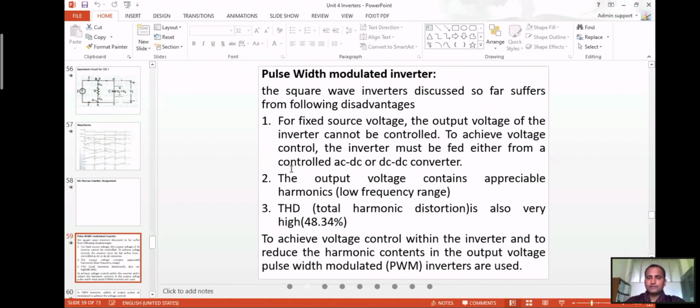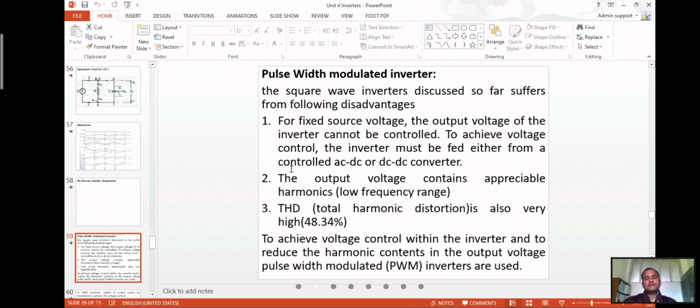If you require a variable output, the inverter must be fed either from a controlled AC to DC converter, so you have to have a type of regulator, or you need an input control like a DC to DC converter, which means a chopper. The main function of a chopper, we have already done, is that the fixed DC will be converted to a variable DC. This is an additional circuit requirement. These are the drawbacks of the square wave inverter we have seen till now.